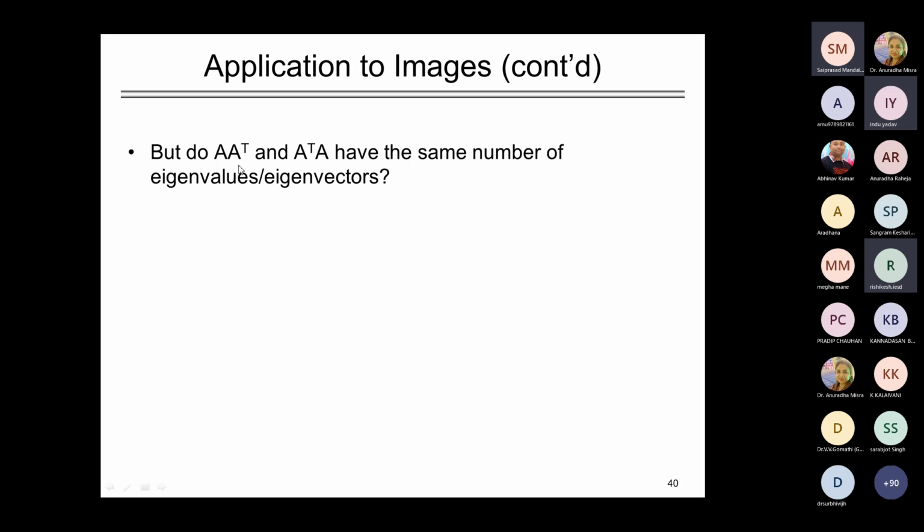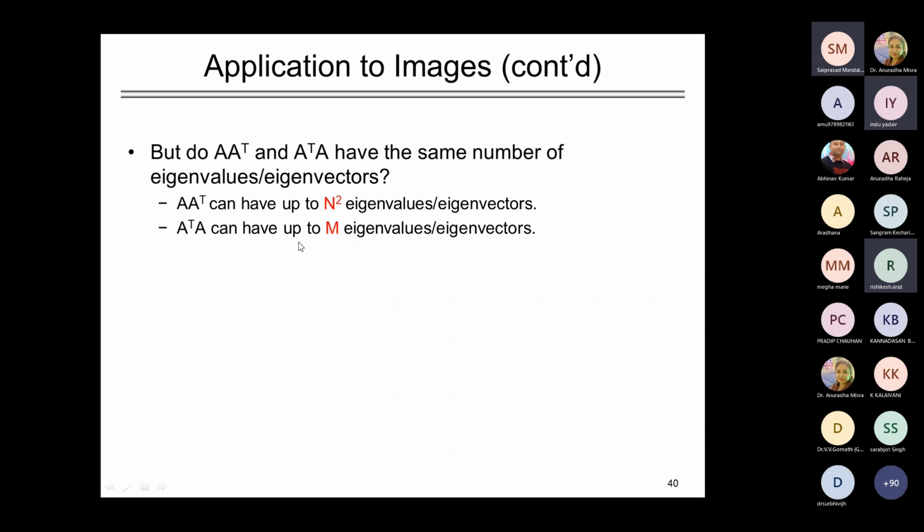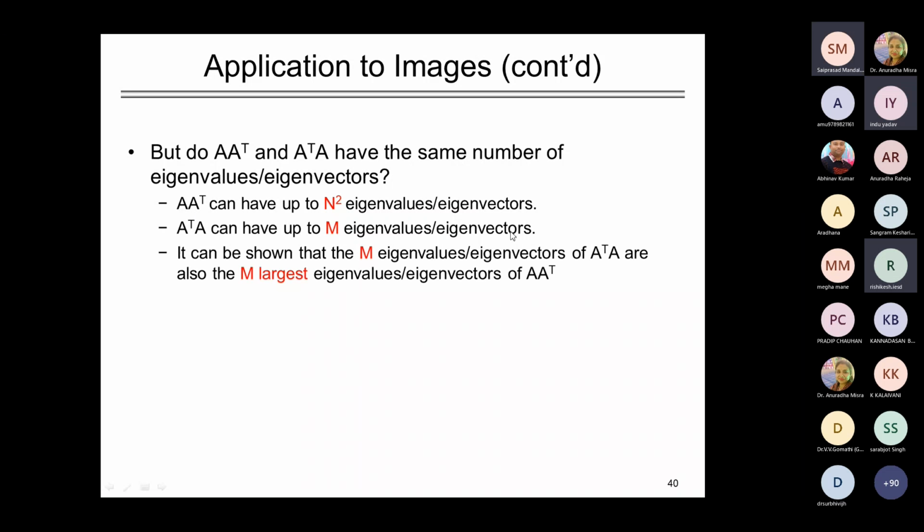But do A A transpose and A transpose A have the same number of eigenvalues and eigenvectors? A A transpose can have up to n square eigenvalues and eigenvectors. A transpose A can have m eigenvalues and eigenvectors. It can be shown that the m eigenvalues and eigenvectors of A transpose A are also the m largest eigenvalues and eigenvectors of A A transpose.